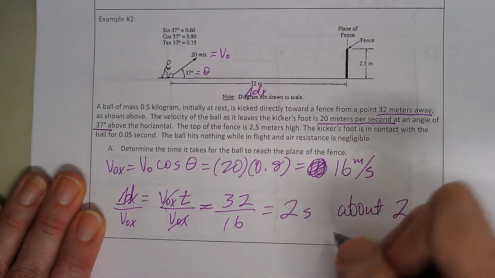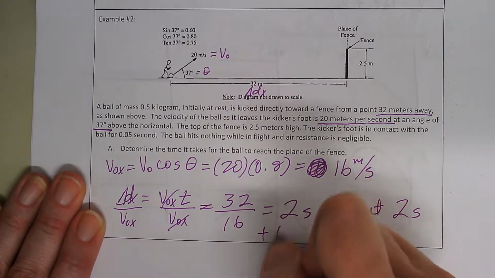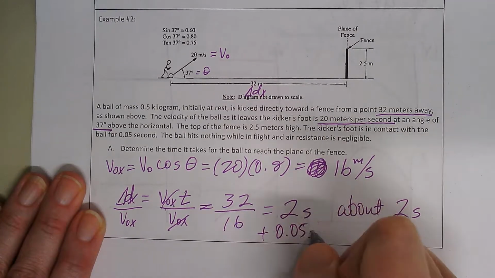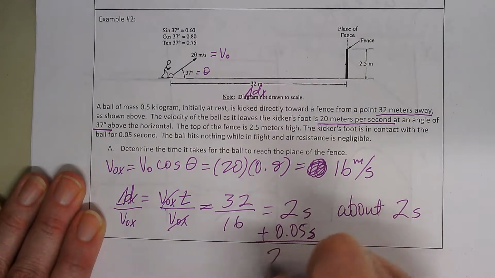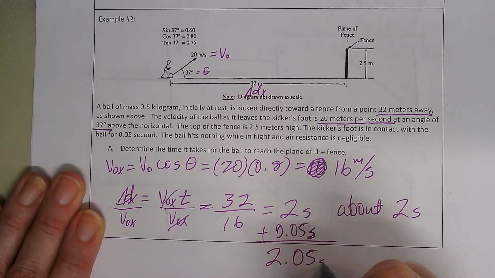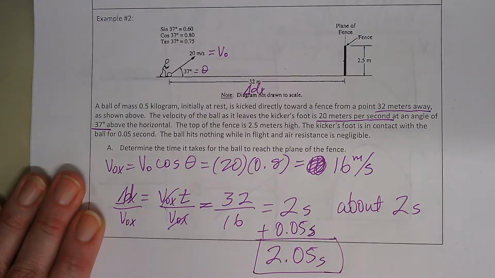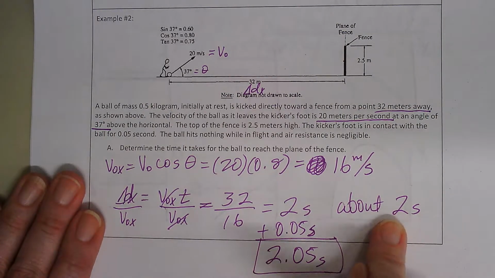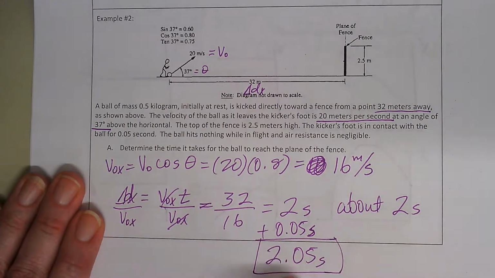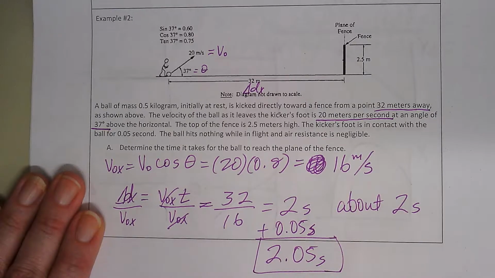You could say plus 0.05 seconds, but in reality that's not going to matter because it's not enough time for anything. About 2 seconds is probably a better answer. There's not going to be any difference in your math between 2 seconds and 2.05 seconds. It's too small. Does that make sense? Cool. All right, moving on.